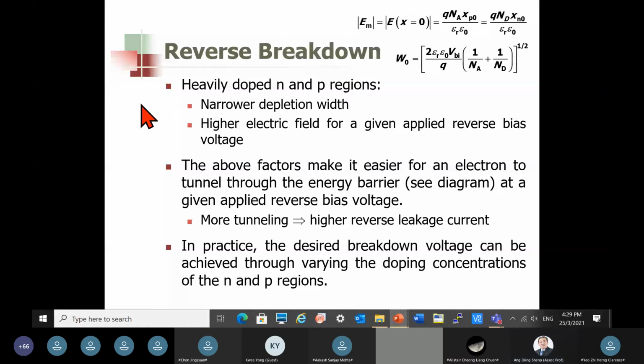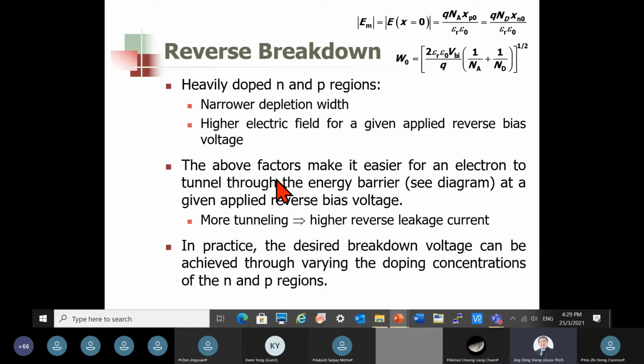All right. Now, at the same time, doping the N and the P region heavily also increases the electric field at the PN junction. Now, if you recall, we discussed this before, right? So the maximum electric field occurs at the metallurgical junction and can be expressed like this, right? This was derived earlier. So essentially, when we increase the doping, the maximum electric field strength increases, and that favors the tunneling process.